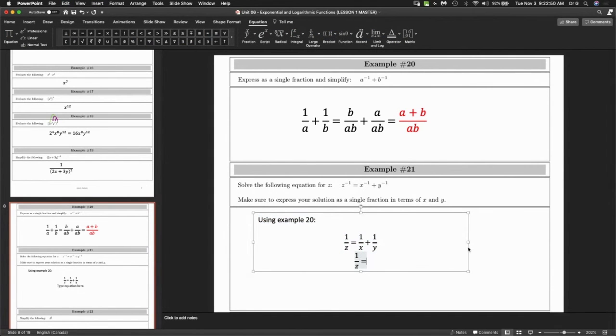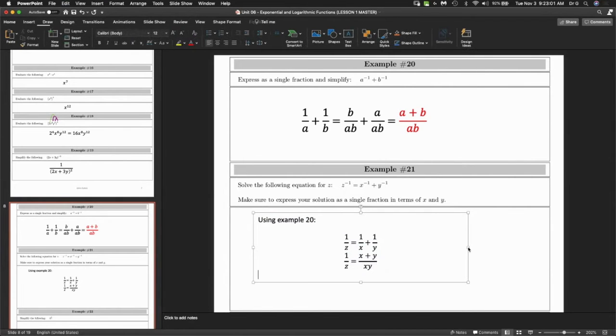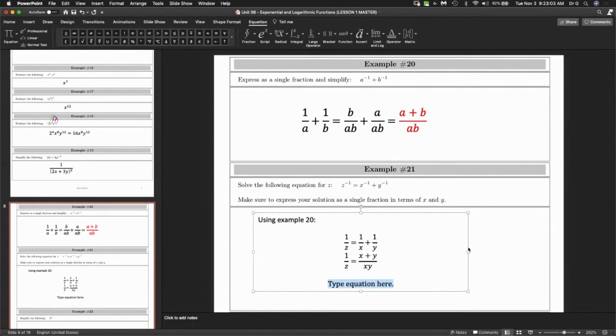And then you have 1 over z, and then we'll use the pattern that I used on the previous question, which was x plus y over xy. And then to get z, you just take the reciprocal, or flip, if you like, both sides.